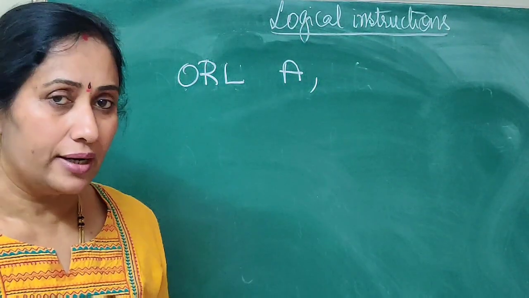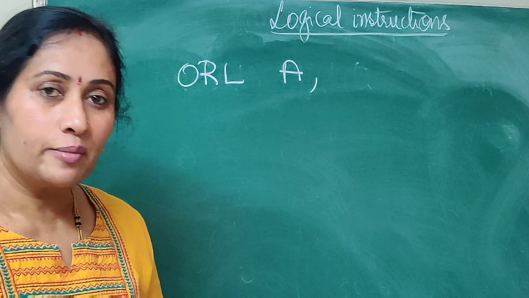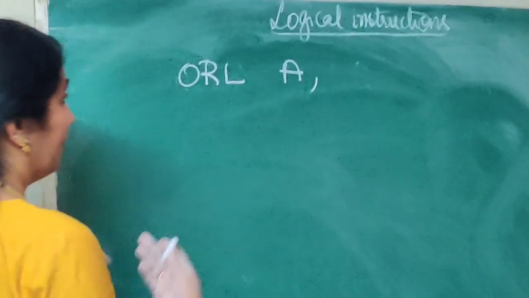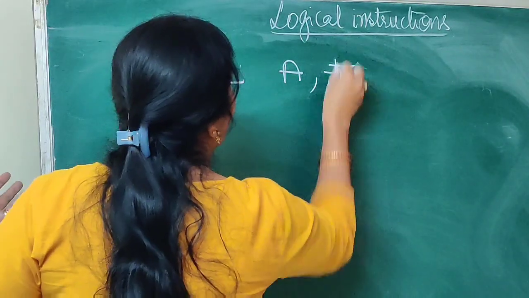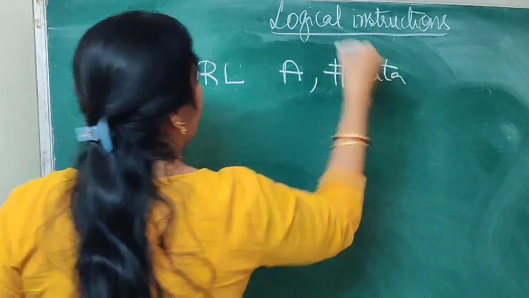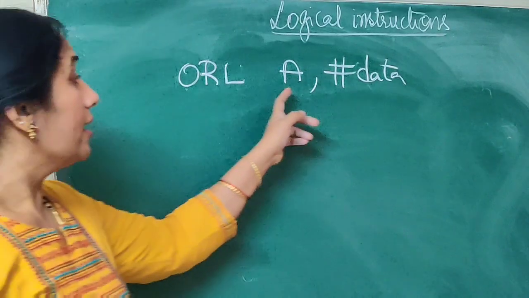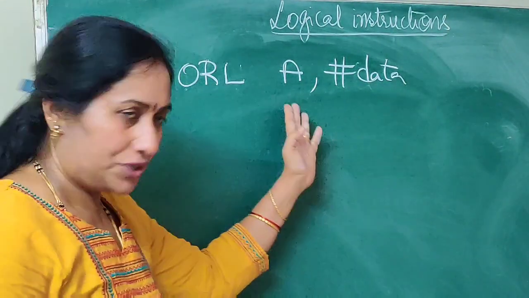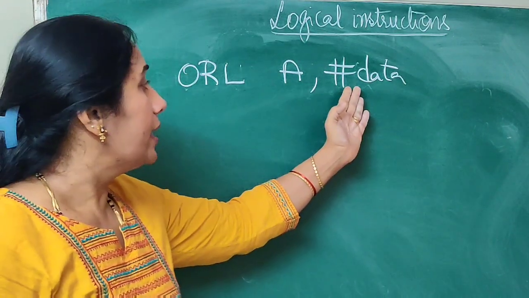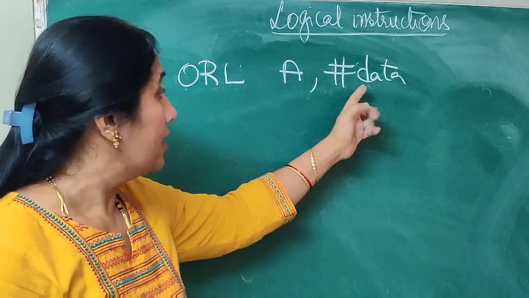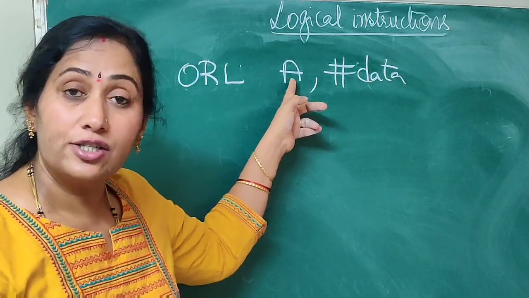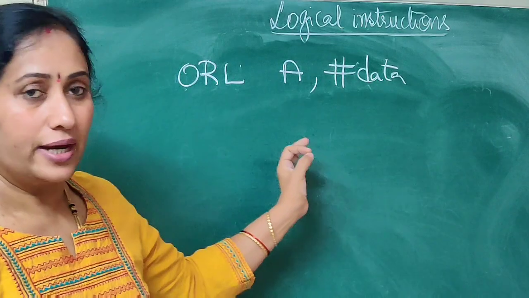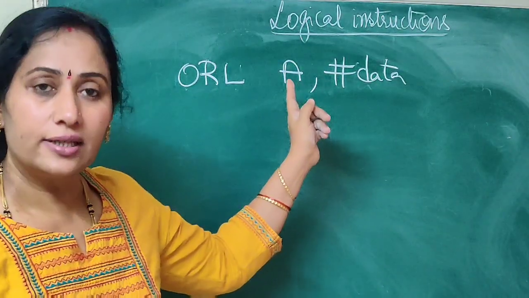That is, it may be the immediate addressing mode, the register addressing mode, the direct addressing mode, or the indirect addressing mode. First let me take the immediate addressing mode: ORL A, hash data. What's going to happen when this instruction gets executed? The immediate data specified in the instruction gets ORed with the contents of the accumulator, and the result is going to be placed in the accumulator.